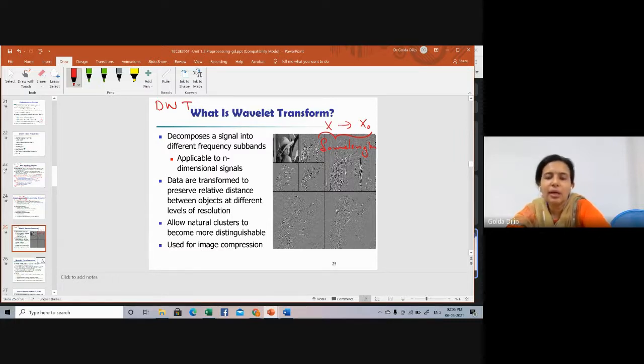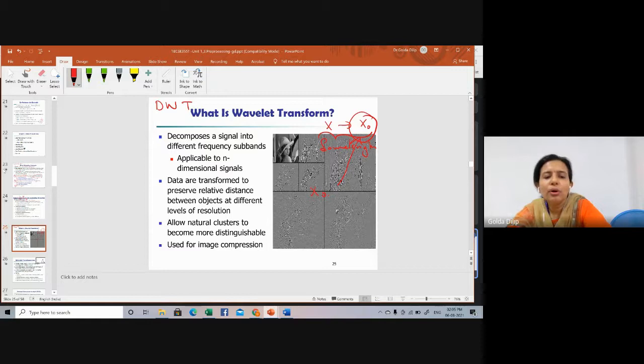But the fact is, this transformed vector X naught can actually be truncated. That's the feature of wavelet transformation. When you go for truncation, naturally you get a compressed approximation of the data.